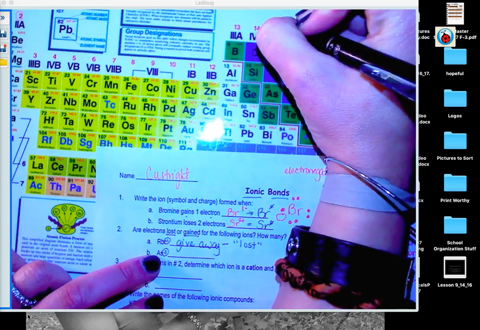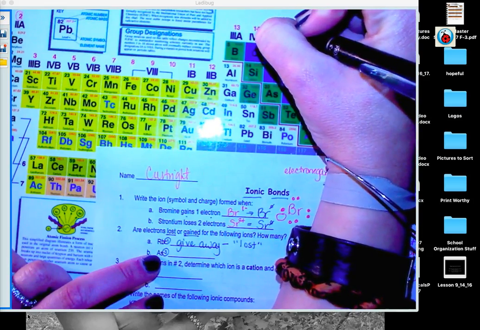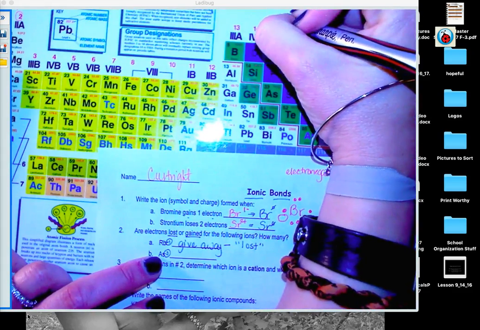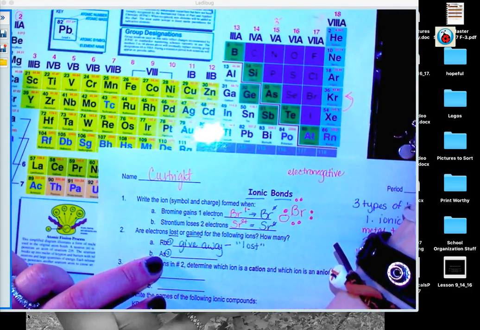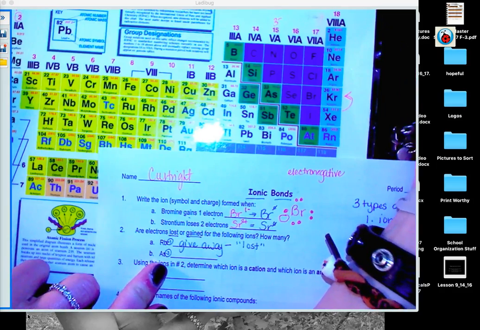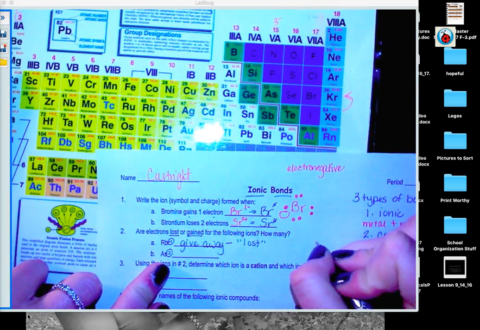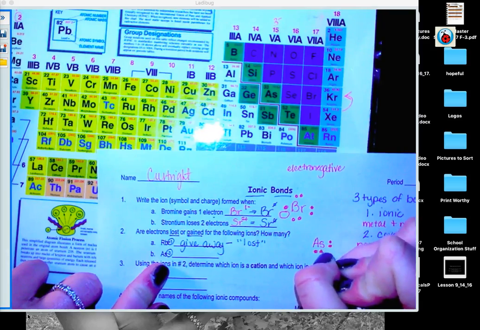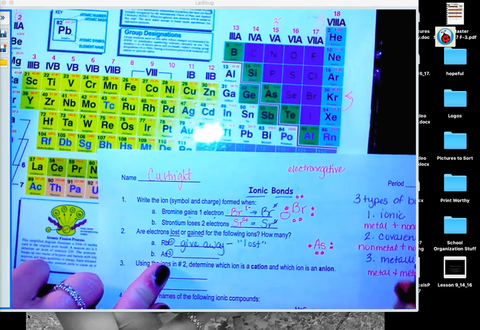1, 2, 3 minus charge. So that means that it is, in the sense of looking at it this way, missing 3 electrons. That means that arsenic, if you're looking only at its outside shell, has got 1, 2, 3, 4, 5 valence electrons.